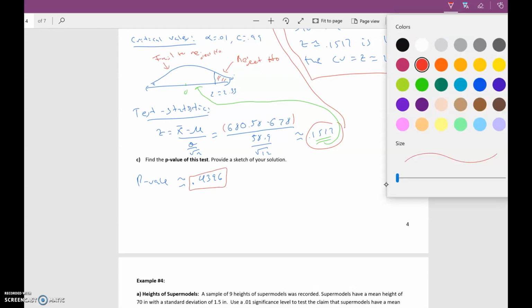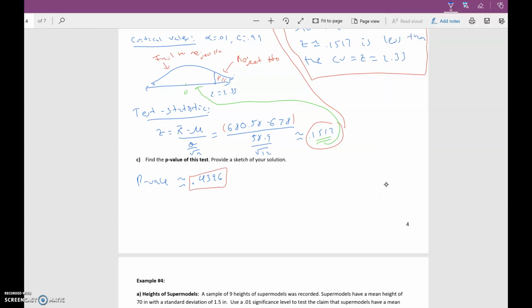Now, your p-value actually represents the following. When you're looking at the shape of the sample, these are going to be z-scores. If this is 0, not to scale, the z-score of 0.1517 is a little bit to the right. I'm just going to put it there.